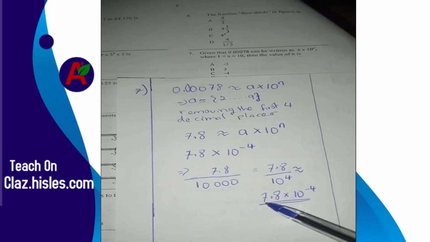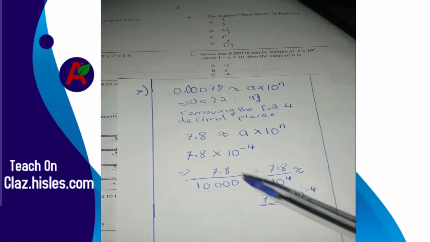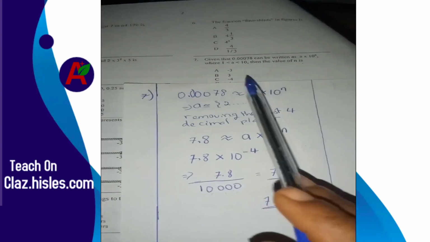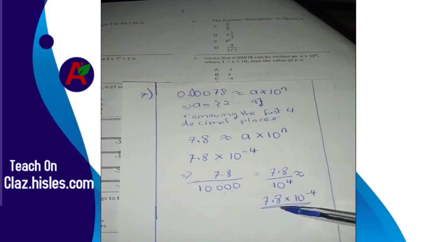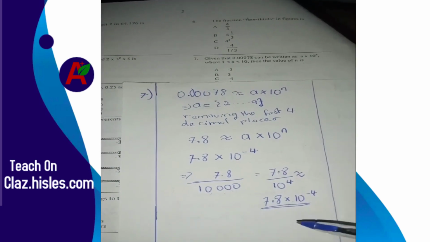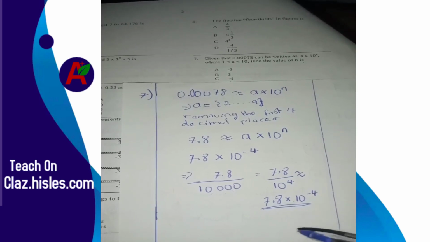So our A, is it falling between the range 2 and 9? Yes, our A is 7.8. 7.8 falls within this constraint. So yes, A is 7.8, correct. And then 10 to the power negative 4.